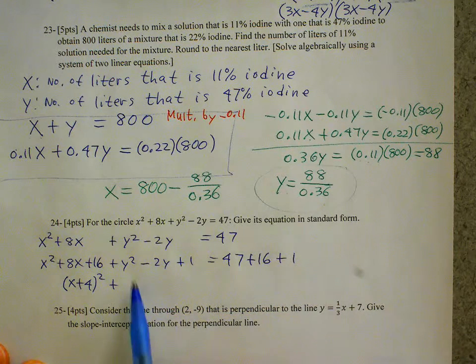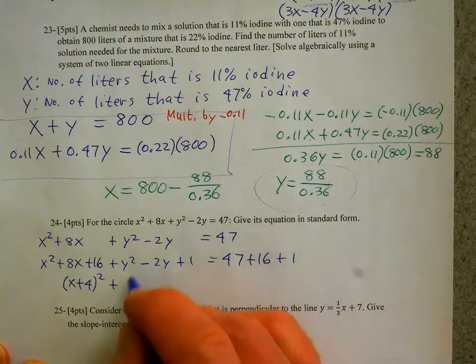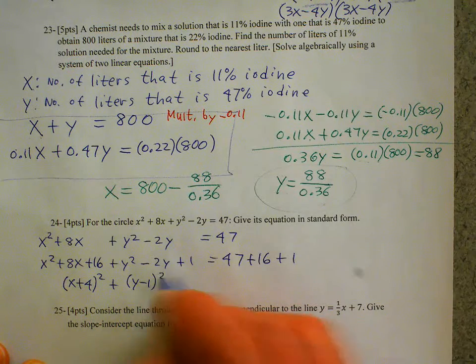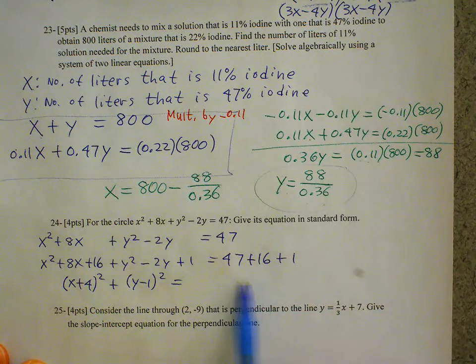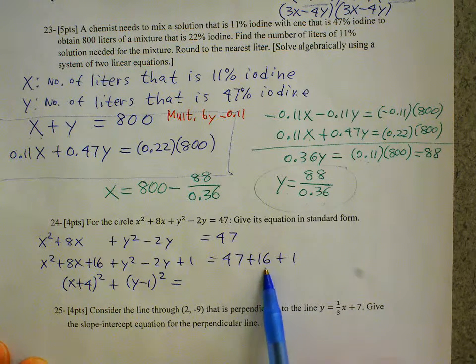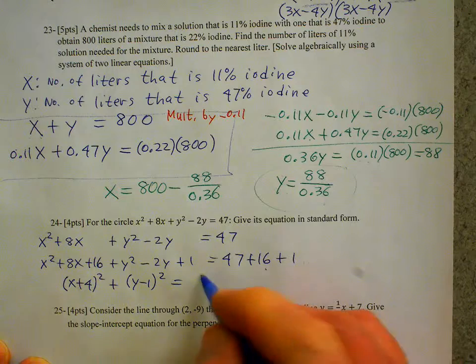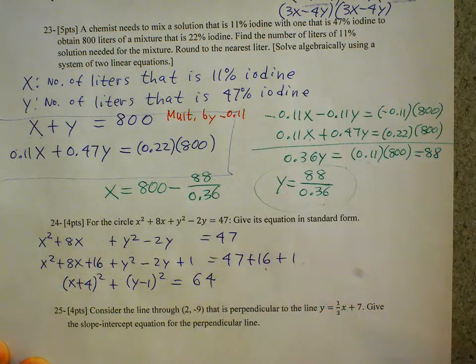And then we add that to y squared minus 2y plus 1, which is y minus 1 squared. And on the right-hand side, 47 plus 16 is 63. 63 plus 1 is 64. Okay, this is all that you're supposed to do. Just give the standard form.